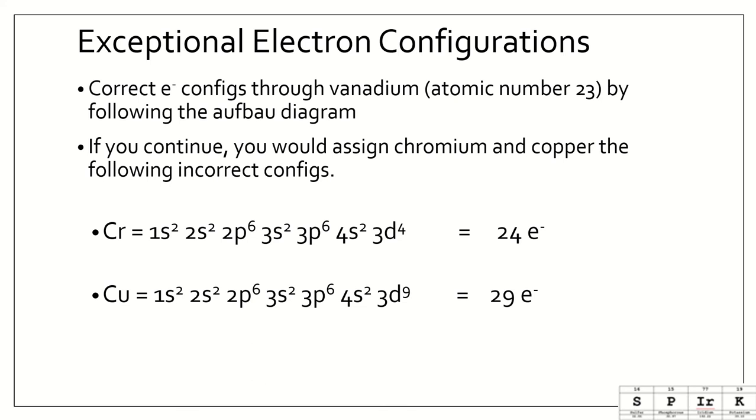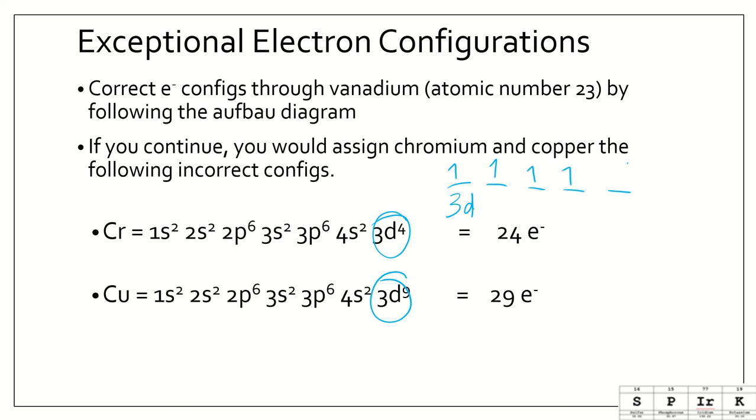If you fill following the Aufbau principle, you fill up through the 3p, then we go to 4s, then to 3d. However, d has 5 orbitals, so we have 4 here.